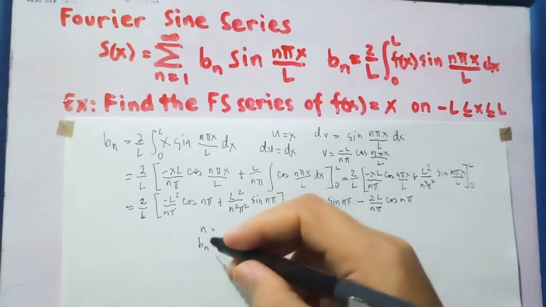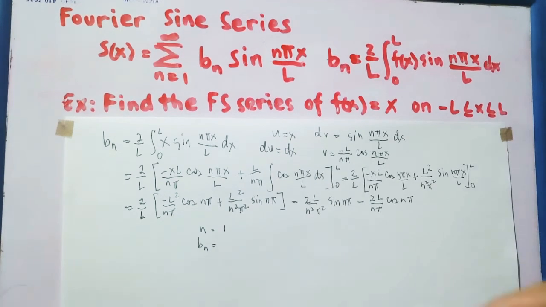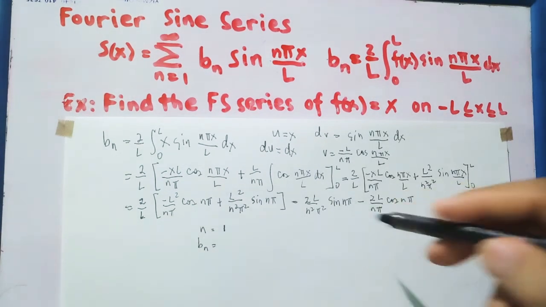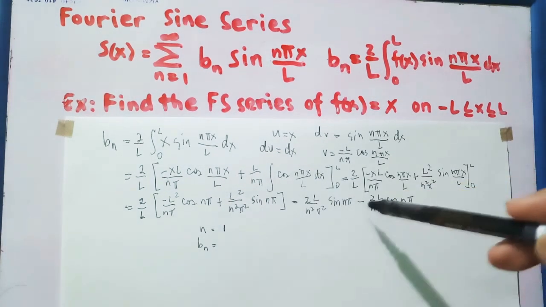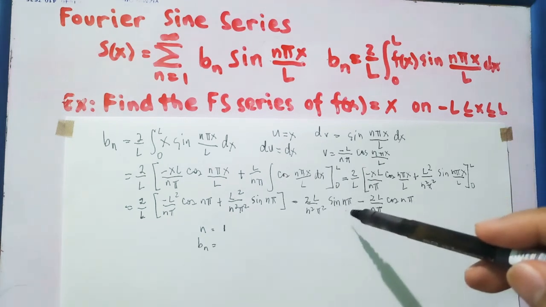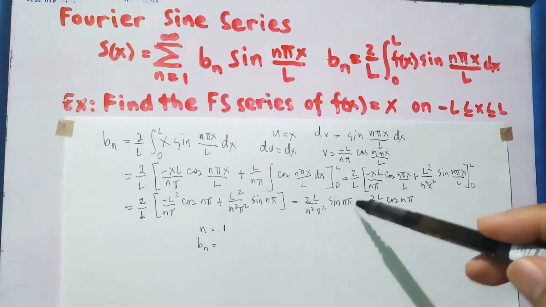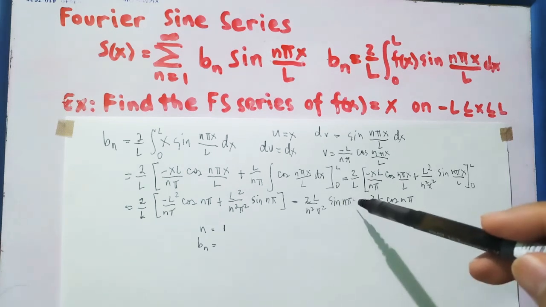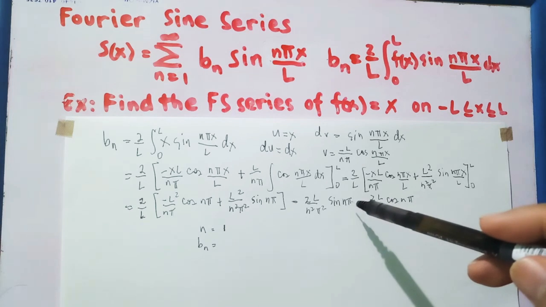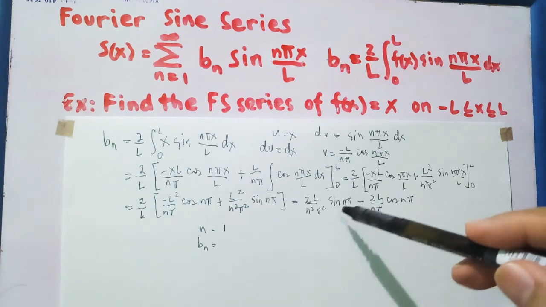So sine when n is equivalent to 1, this pi is 180. Sine of 180 is equivalent to 0. So 0 times this one is equivalent to 0.